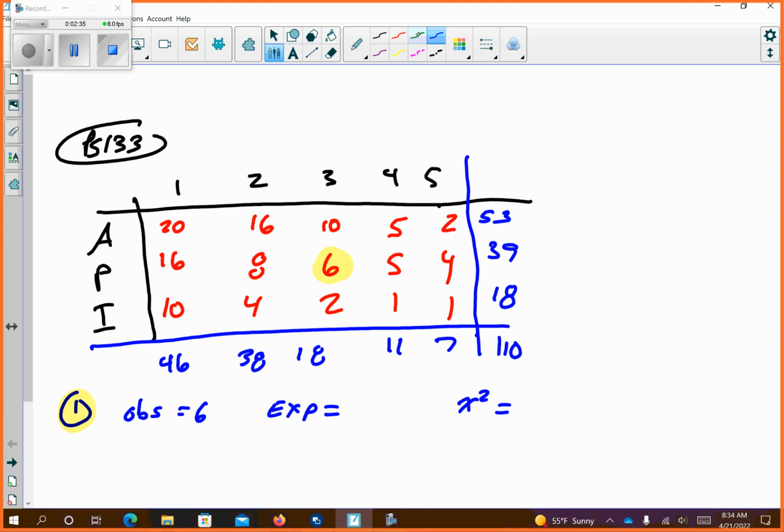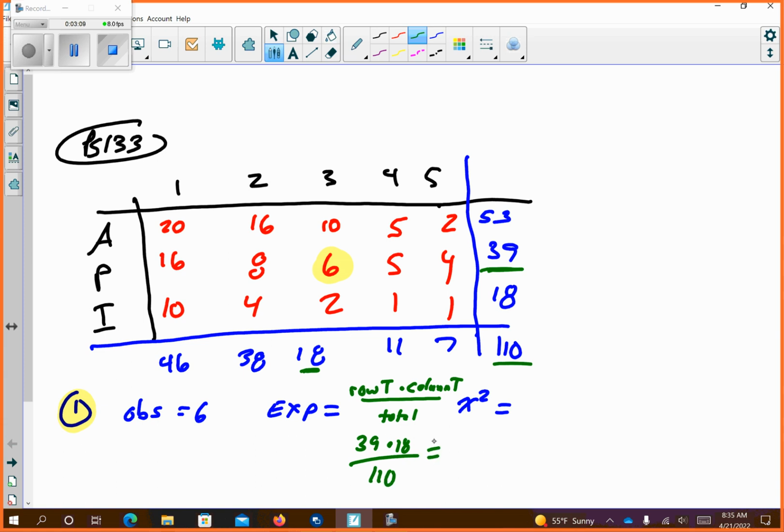So row total times column total divided by the total. Row total is this way. So this is row total. Wait, is it row horizontal or vertical? Horizontal. Columns vertical. So that's what we're using here. Divided by the overall total.